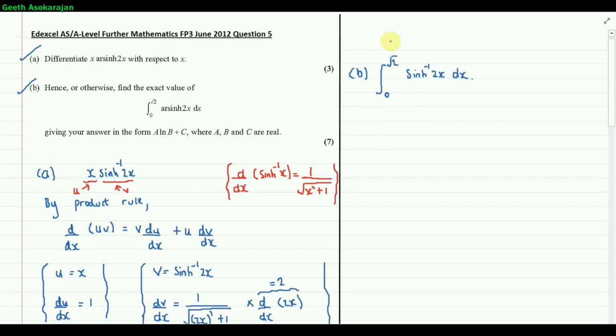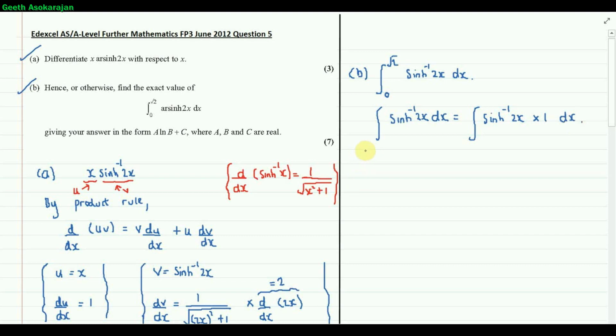First of all, I'm going to tackle the integral without the limits. Let me write that integral as the inverse hyperbolic sine 2x multiplied by 1, so that it is a product of two terms.